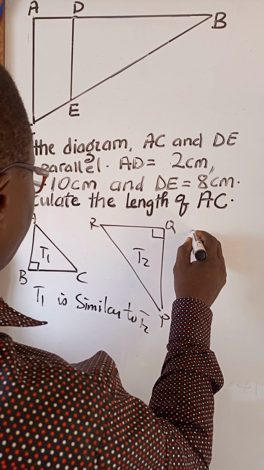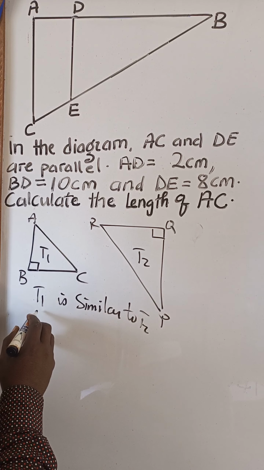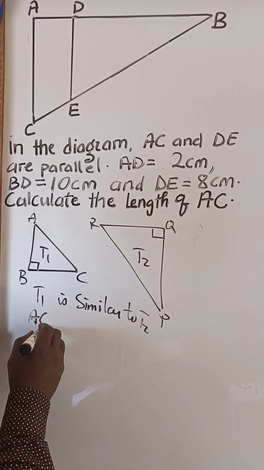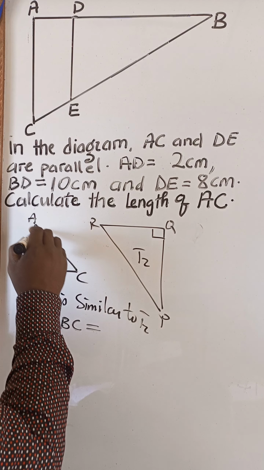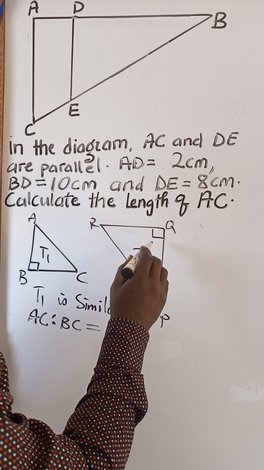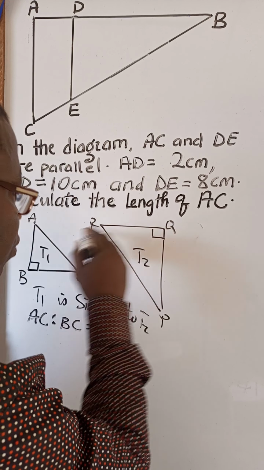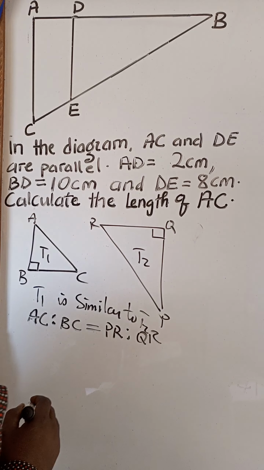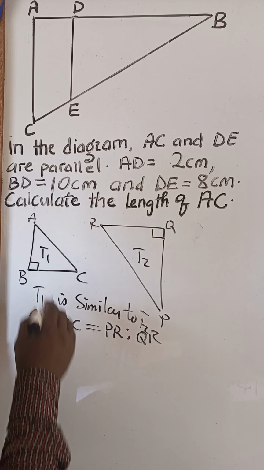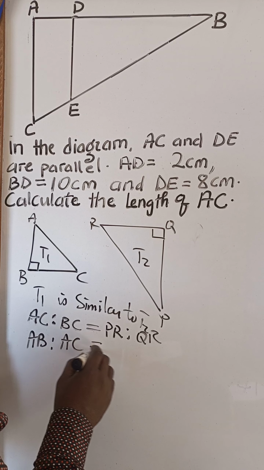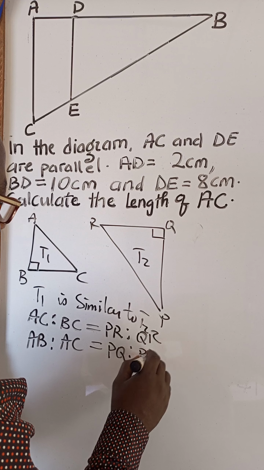So if we take, for example, T1, we have said T1 is similar to T2, so let's start with T1. If we take AC is to BC, the hypotenuse is to the base, then we should also take the hypotenuse PR is to the base QR. If we take the altitude AB is to the hypotenuse, then we should also take the altitude PQ is to the hypotenuse PR.